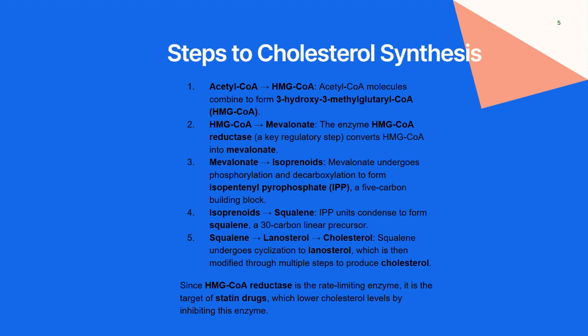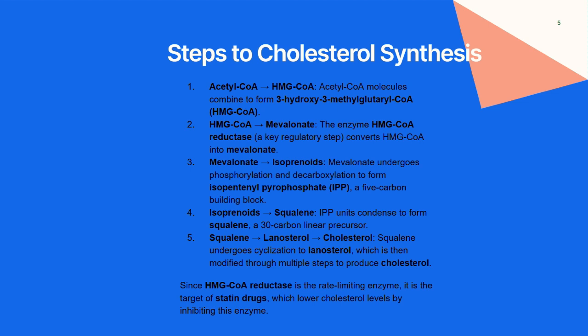The first step goes from acetyl-CoA to HMG-CoA. The acetyl-CoA molecules combine to form 3-hydroxy-3-methylglutaryl CoA, which is also known as HMG-CoA. From there, it goes from the HMG-CoA to mevalonate.